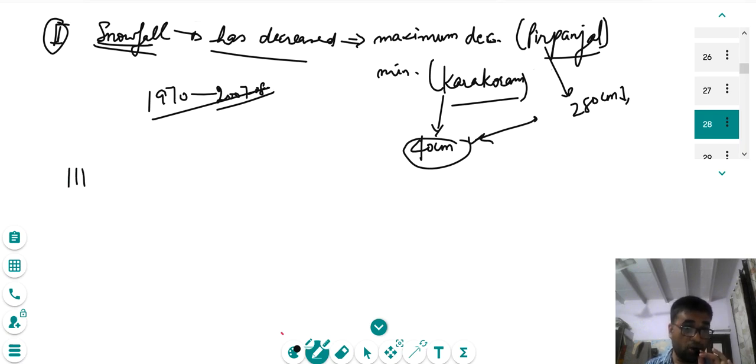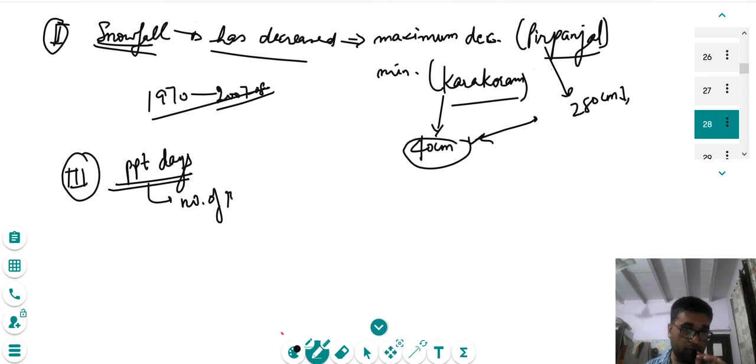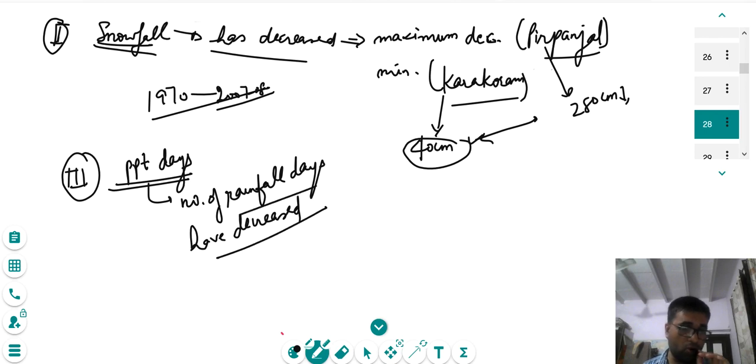The third aspect of global warming that we will do is the precipitation, the rainfall days. The number of rainfall days have decreased. And again, the number is not uniform because there is no trend recorded in the western disturbances.